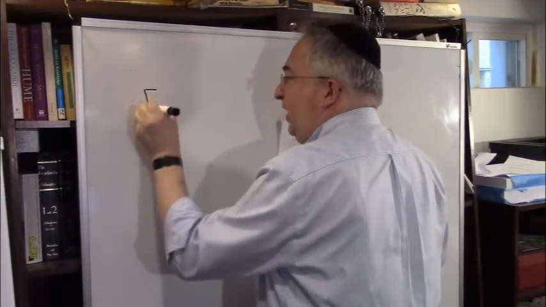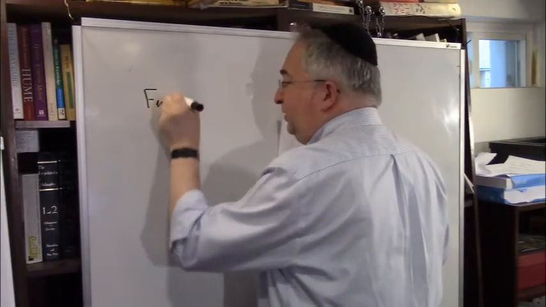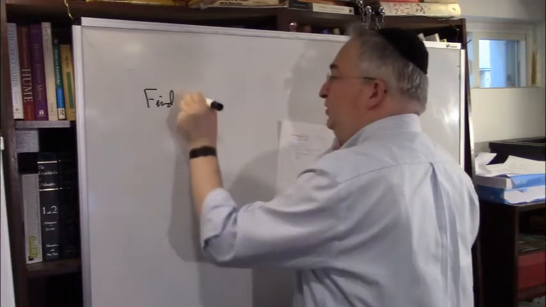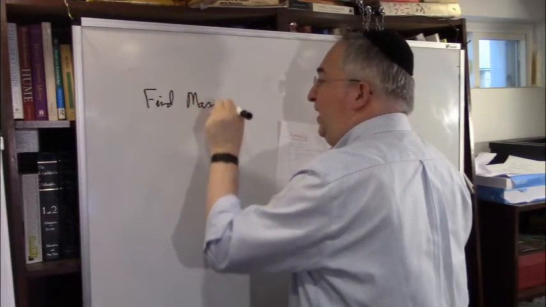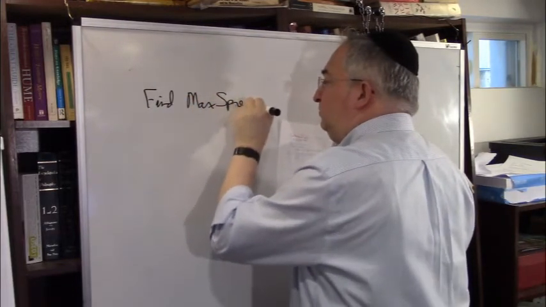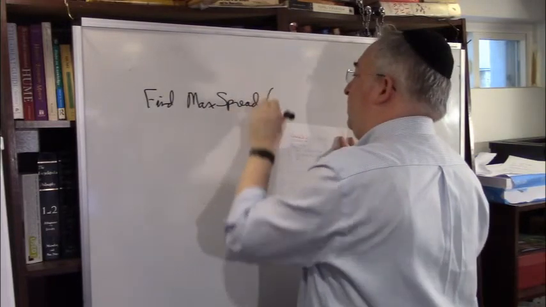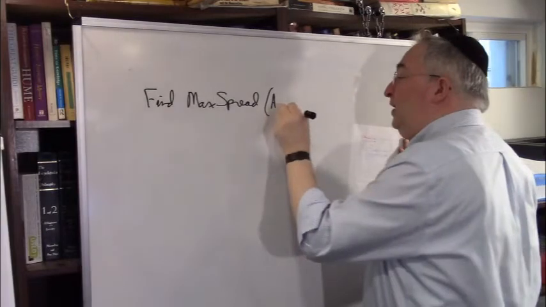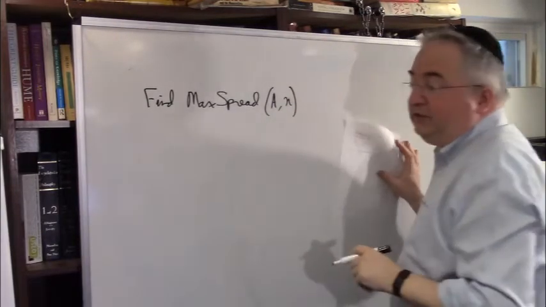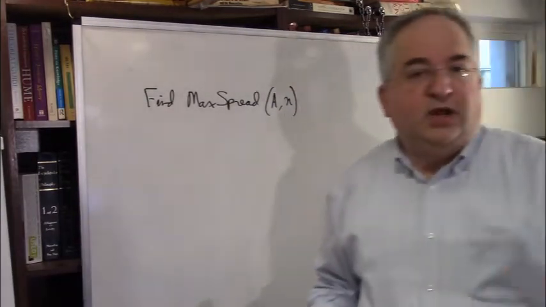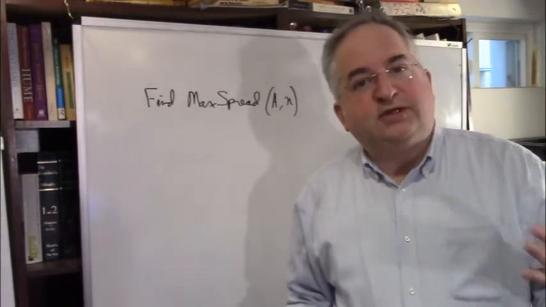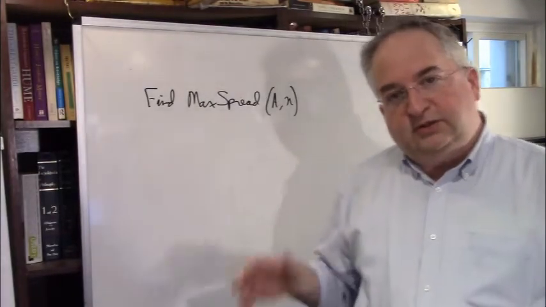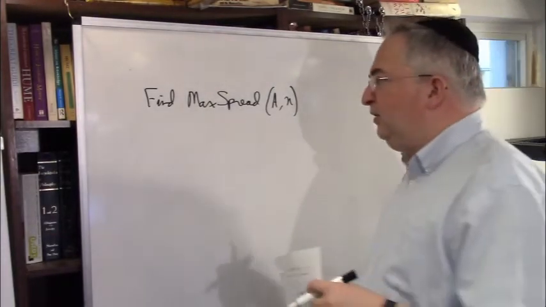Okay, so here, the algorithm's not in the book, but we should do it anyways. Find max spread. You're given A, an array of numbers, and n, the number of elements in the array. I told you you have 30 elements in the array, and you're dealing with stocks, but let's say you're given a whole year or something like that.